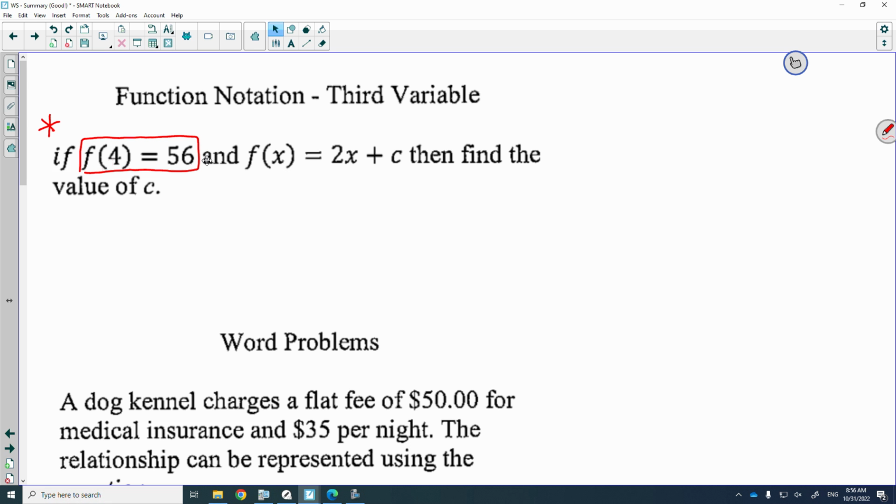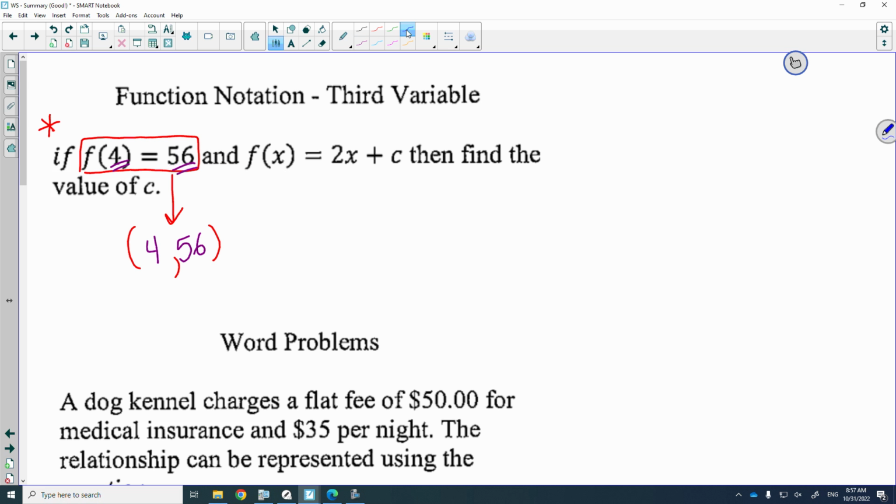Write down what point that gives you. Yeah, 4 comma 56, right? This is our x and that's our y.